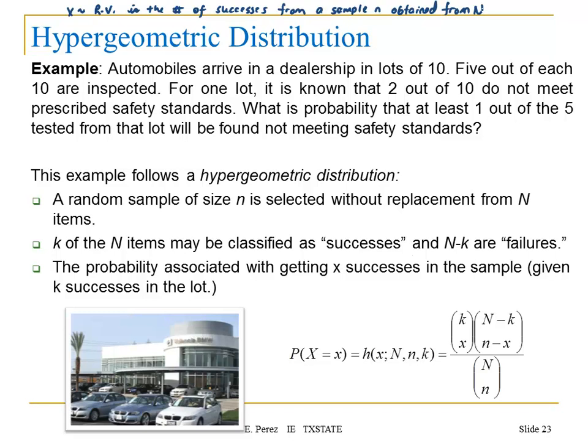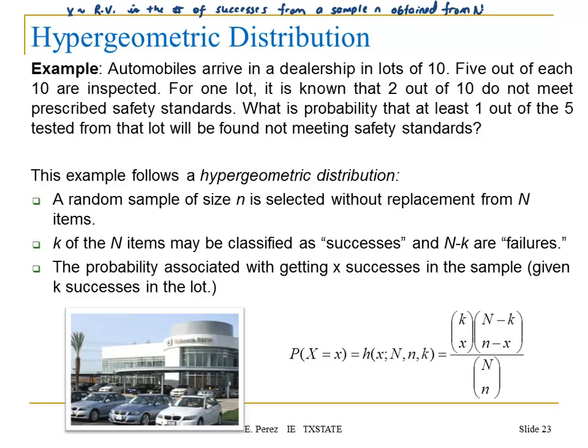So this example follows the hypergeometric distribution because a sample of size n is selected without replacement from N items. You have a group of 10 and you're selecting only 5 to be inspected. Second, k of the N items may be classified as successes and N minus k are failures.